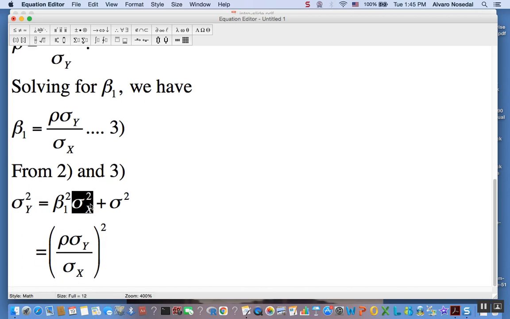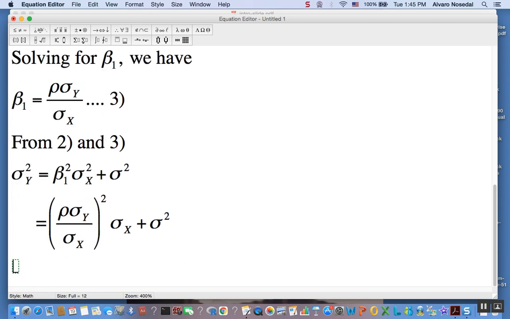Times the variance of x plus variance of epsilon, sigma square. Makes sense? This one should be squared; for some reason the square was missing when I copied and pasted.